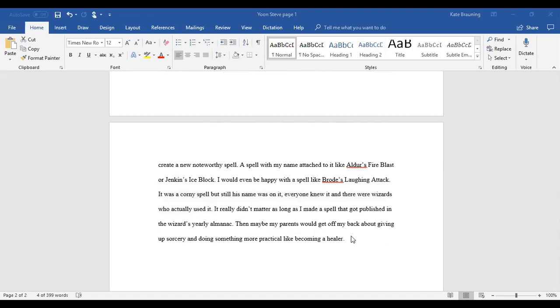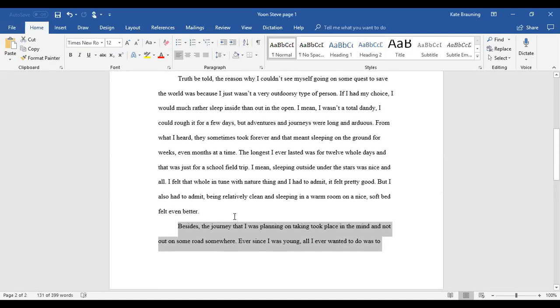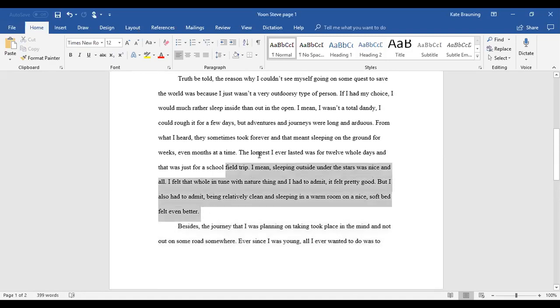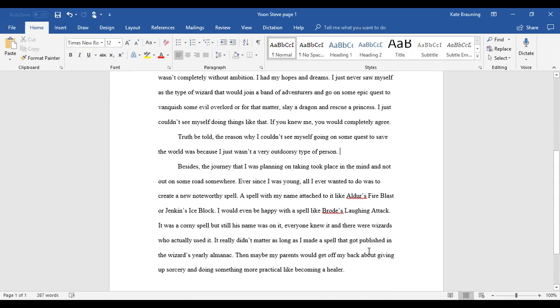So this is where I get my emotions involved. So what I would do is just cut that and have this be page 1.